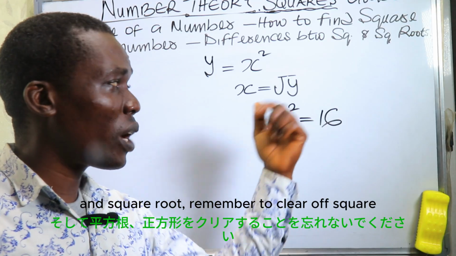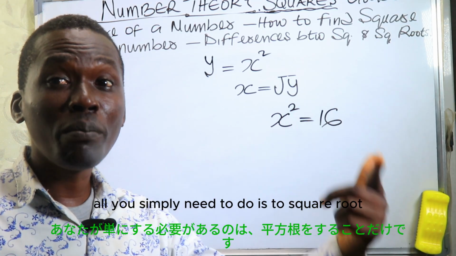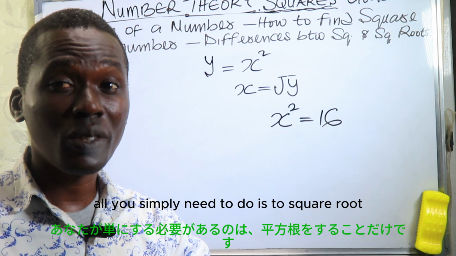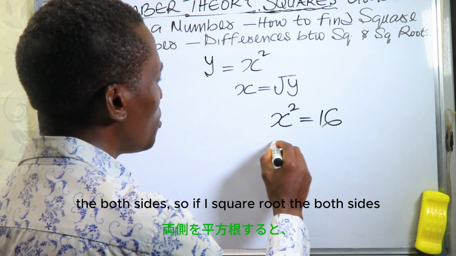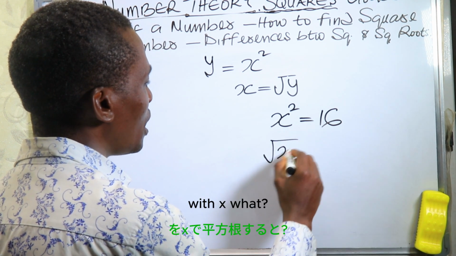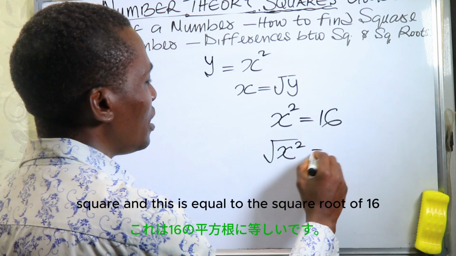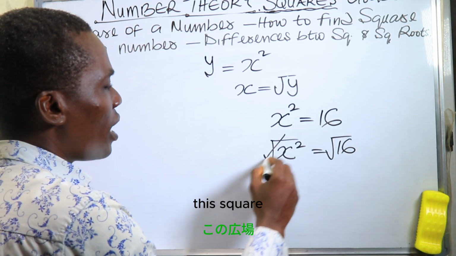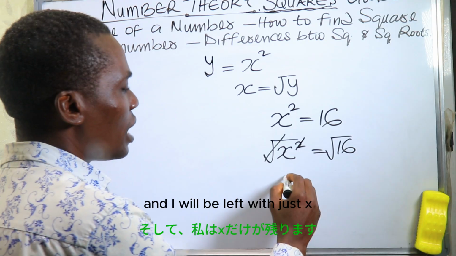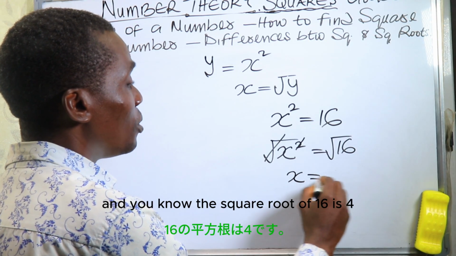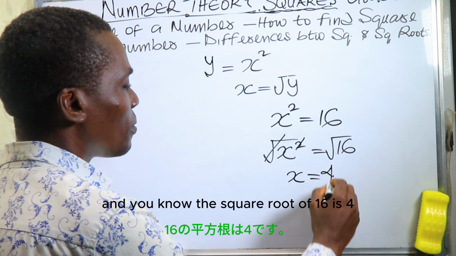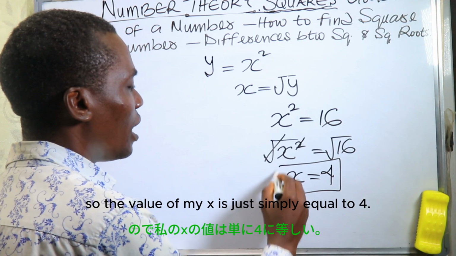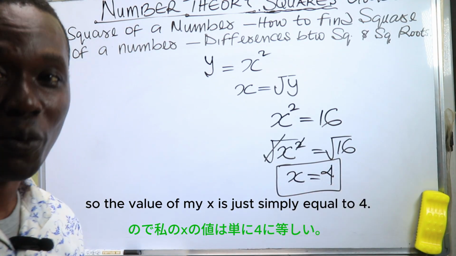To clear off square, all you simply need to do is to square root both sides. So if I square root both sides, with x squared equal to the square root of 16, the square will cancel out the square root and I will be left with just x, and you know the square root of 16 is 4. So the value of my x is simply equal to 4.